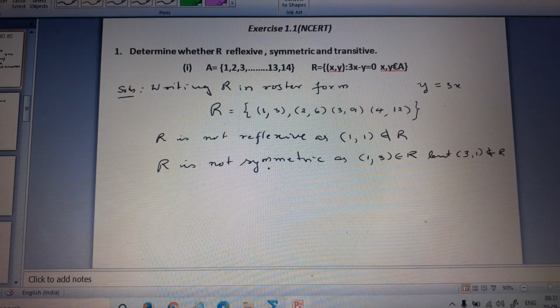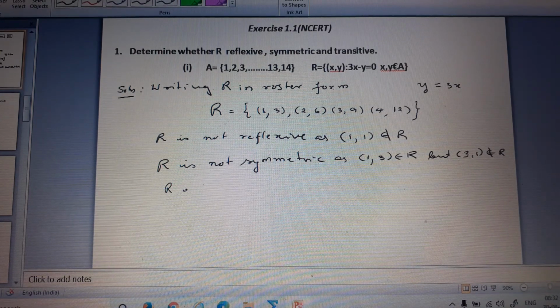Now, the next question: is it transitive? For transitivity, I told you that you should always catch hold of two pairs, (x, y) and (y, z), and then check whether (x, z) is there. Here you see (1, 3) is there, (3, 9) is there, but (1, 9) is not there. Therefore, definitely it is not even transitive.